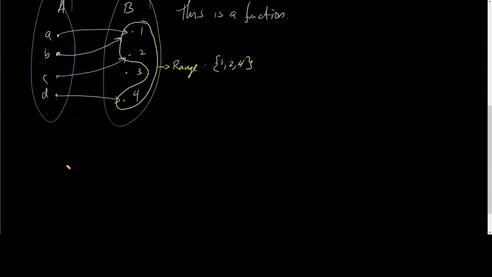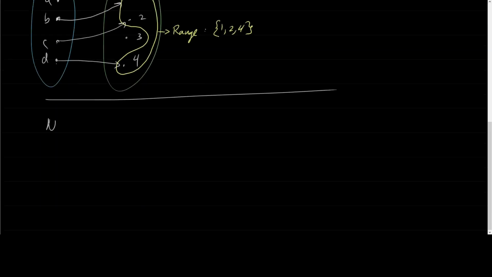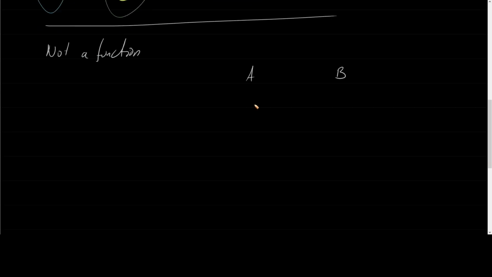Let's see an example of something that's not a function. We're going to start the same exact way, by having some set A and some set B, each with 4 elements. Set A is the letters, set B is the numbers.